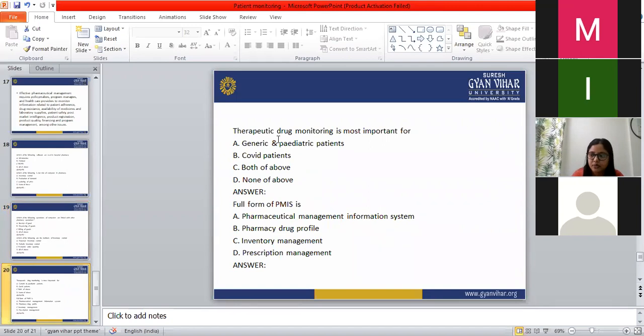Next is, therapeutic drug monitoring is most important for generic and pediatric patient, COVID patient, both of above, none of above. Tell me the answer. Therapeutic drug monitoring.